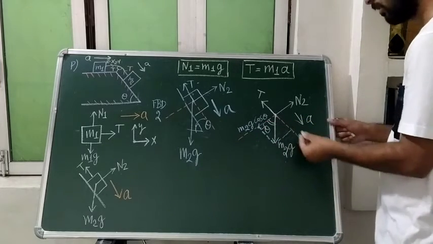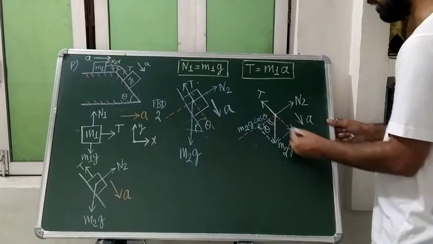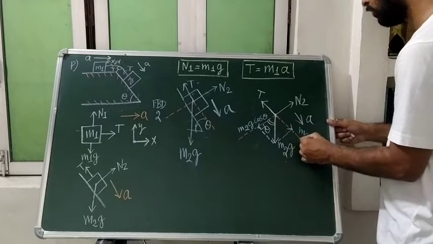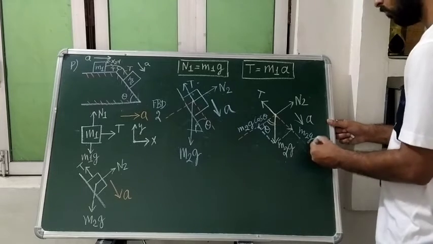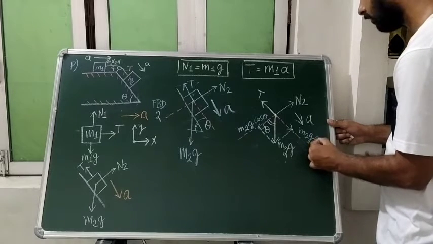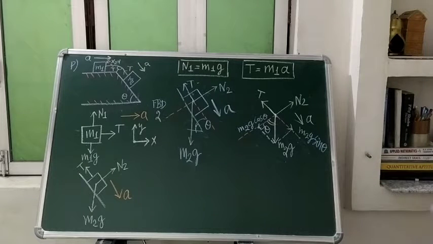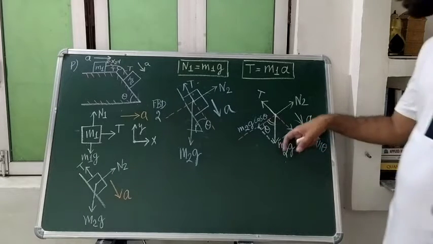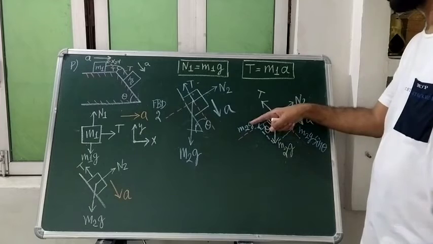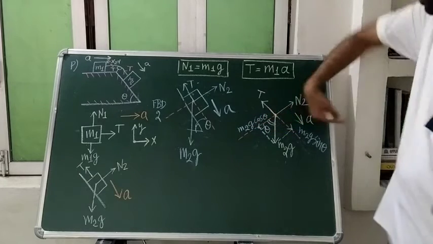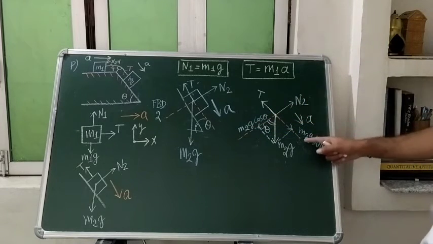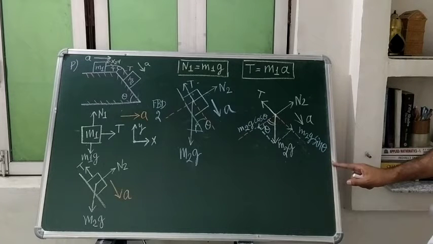Yes, it's correct. And this side will come out M2G sin theta. Getting it, student? We resolve M2 this side, so M2G cos theta, and this side it is going to give us M2G sin theta. Okay?